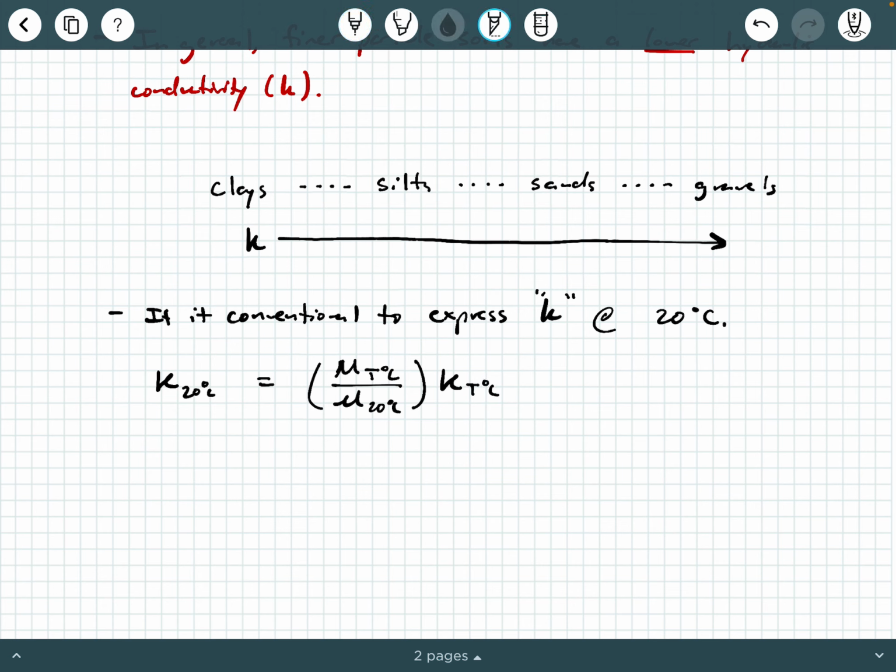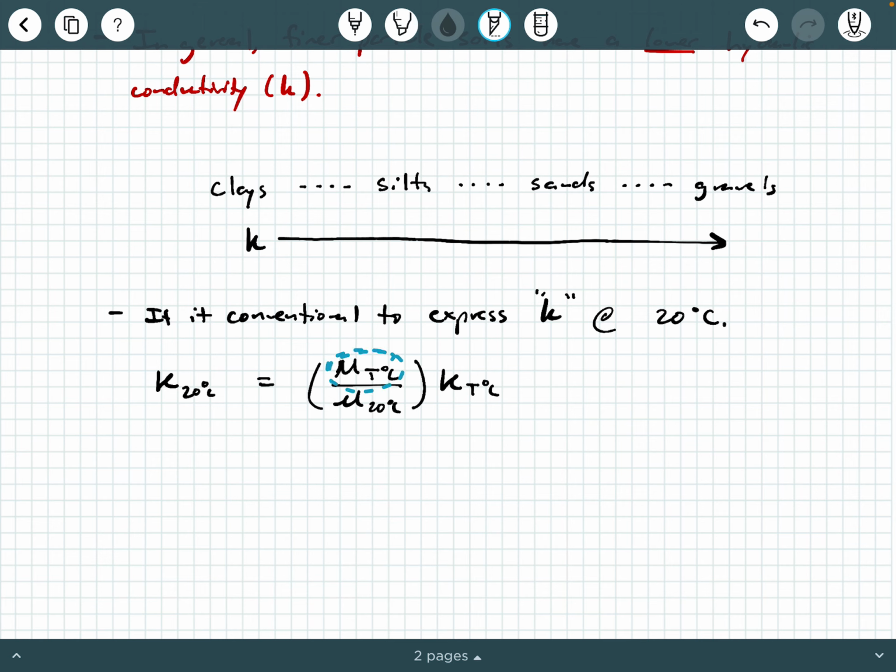Again, this subscript, capital T degrees Celsius, refers to the hydraulic conductivity at some other temperature T that may be greater or less than 20 degrees Celsius. And then these mu values are viscosities of the water that's flowing through the soil.